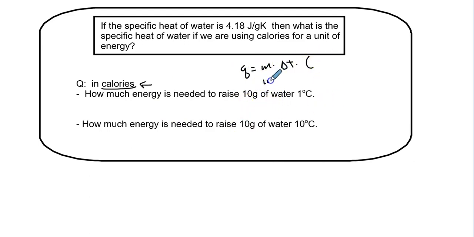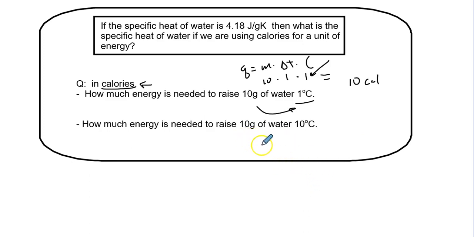So it's 10 times 1 times 1, the specific heat of water in calories. So the answer is 10 calories. It takes one calorie for 1 gram of water, 1 degree Celsius, and this is 10 times that. How much energy would it take for 10 grams to rise 10 degrees?